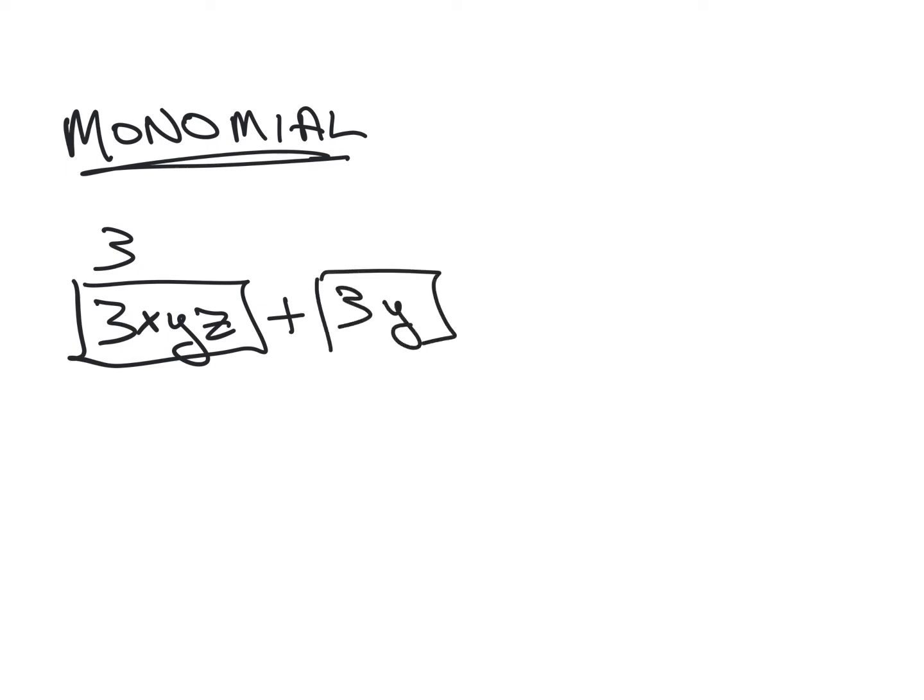So we have two terms here because we have one plus sign. And a lot of people will just count the plus and minus signs, add one, and find out how many terms they have. But there's really not much reason that you need to know how many terms you have. You just have to know what terms are, and that a polynomial is a bunch of terms strung together with plus or minus signs.